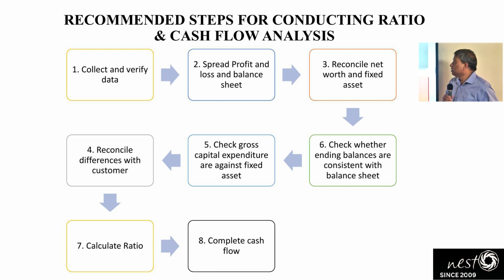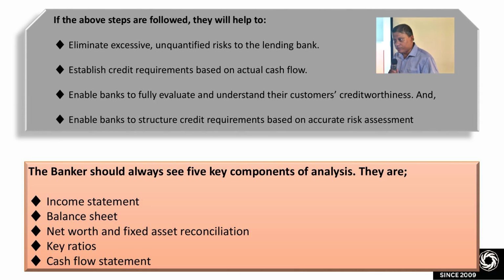If you are following the above steps, what will happen? You can estimate the excessive unquantified risk to the lending bank. If you are doing all these things, you are estimating the additional unquantified risk.